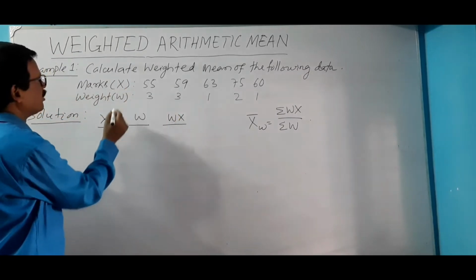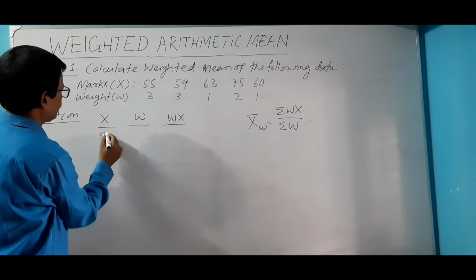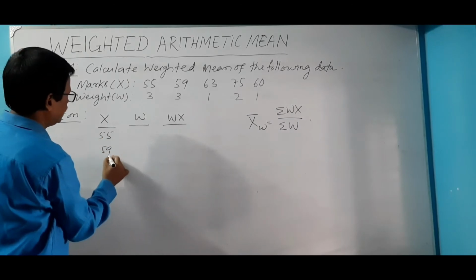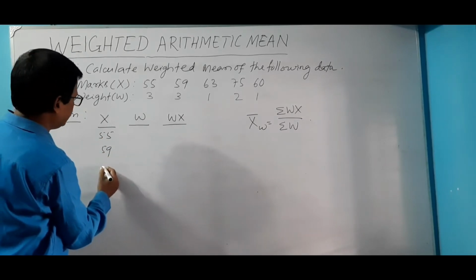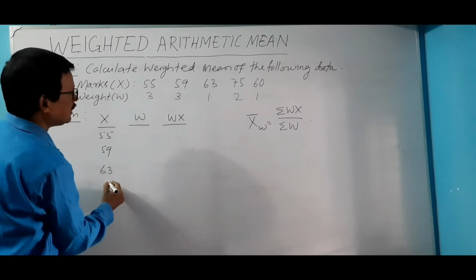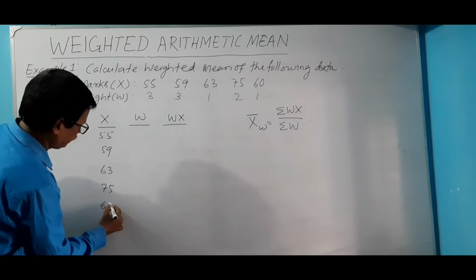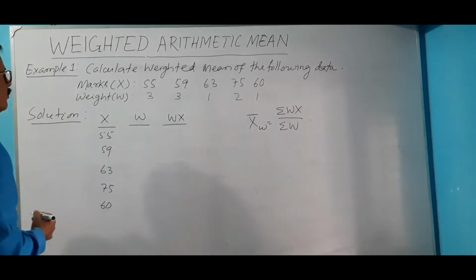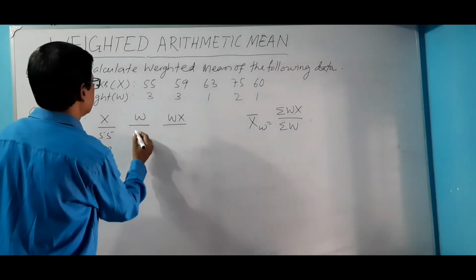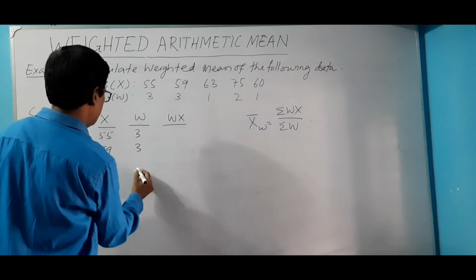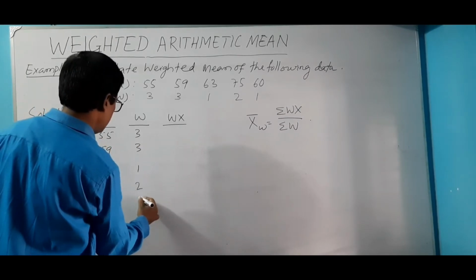X values: 55, 59, 63, 75, 60. Their respective weights: 3, 3, 1, 2, 1.